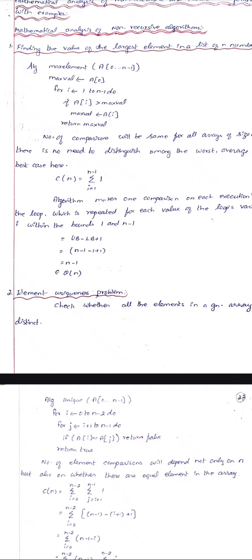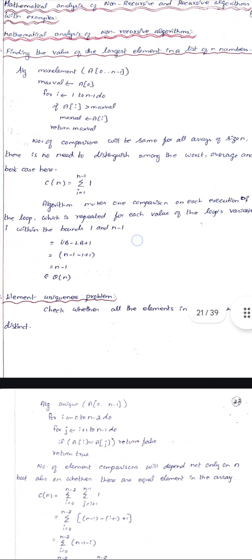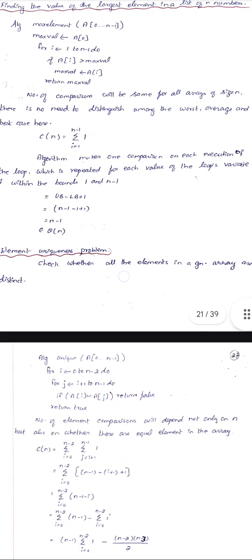The number of comparisons is the same for all inputs of size n, so C of n equals sigma I from 1 to n minus 1 of 1. The algorithm makes one comparison on each execution, so upper bound minus lower bound plus 1, which is n minus 1 minus 1 plus 1, that is n minus 1, which is theta of n.